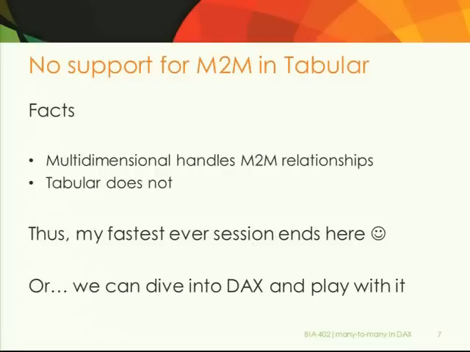Tabular only supports simple plain vanilla one-to-many relationships, and that's all you can do out of the box. Thus, we have two options. We stop here, or we start using DAX and discover how we can leverage DAX and relationships to emulate many-to-many relationships, to compute the many-to-many inside DAX formulas.